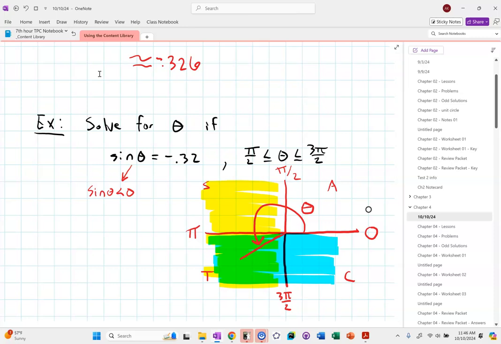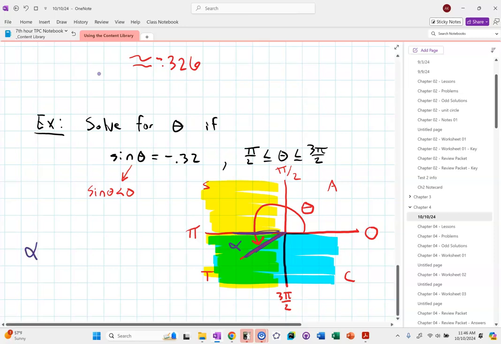Okay. What I'm going to do now is define part of my answer. The part of my answer that lies between the x-axis and the terminal side of my solution, so that right there, I'm going to call that angle alpha.